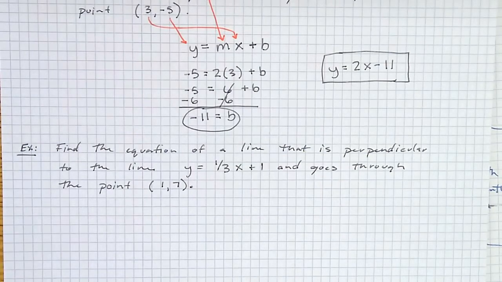Okay, so in this example, we're asked to find the equation of a line that is perpendicular to y equals 1/3 x plus 1 and goes through the point 1, 7.